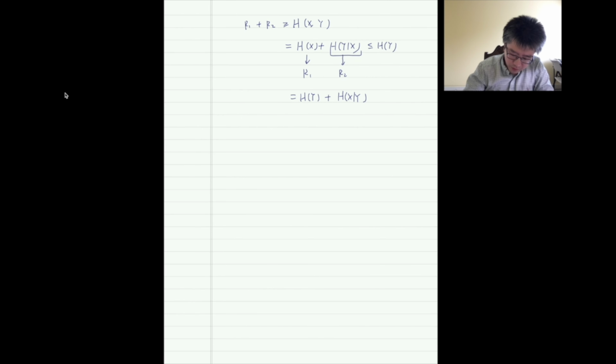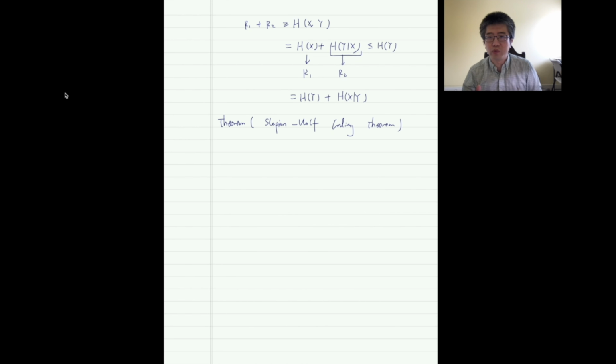So the theorem, which is called the Slepian-Wolf coding theorem, is to tell you that this is indeed possible, which is very counterintuitive, okay.